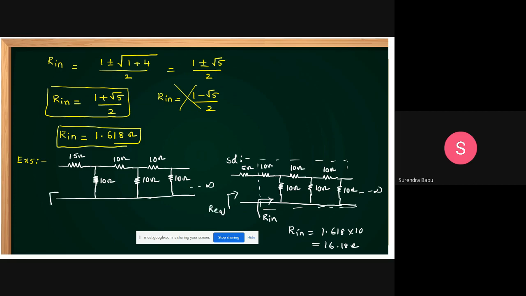But what is asked is the R equivalent, students. Now what is the R equivalent? This 5 ohms plus this resultant 16.18 ohms.